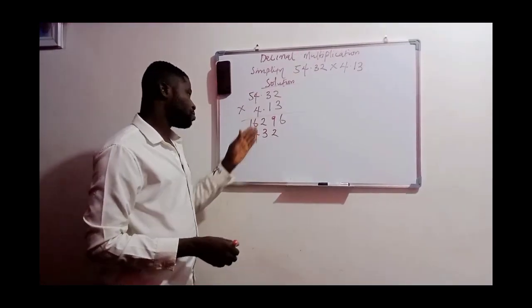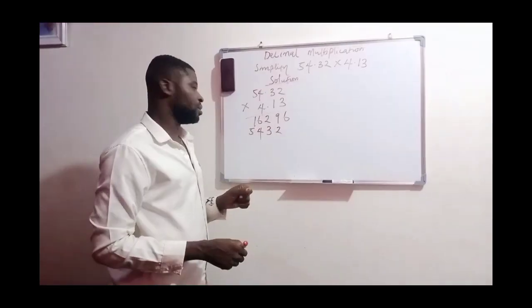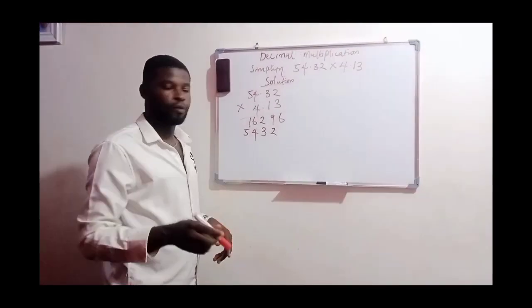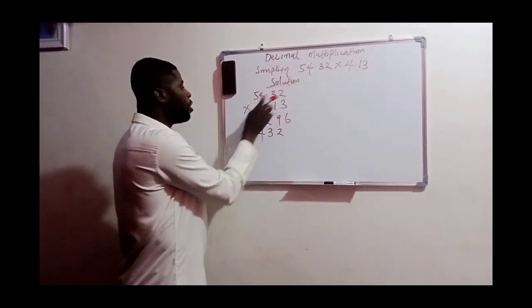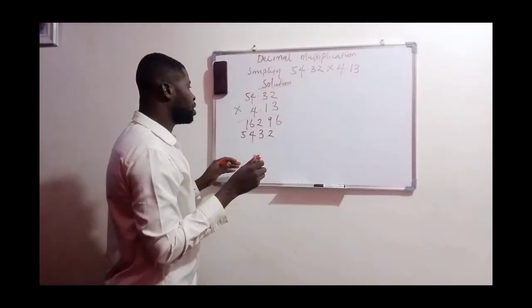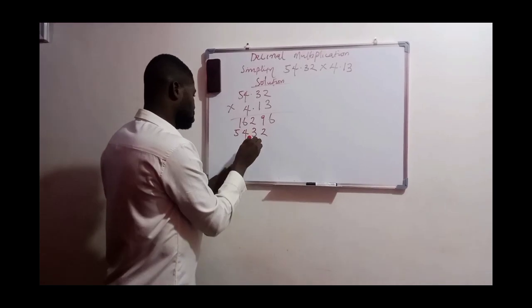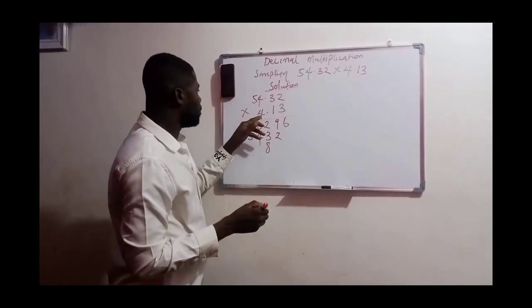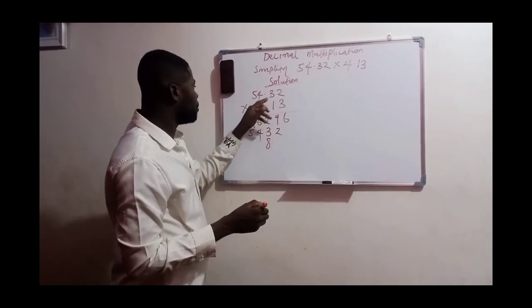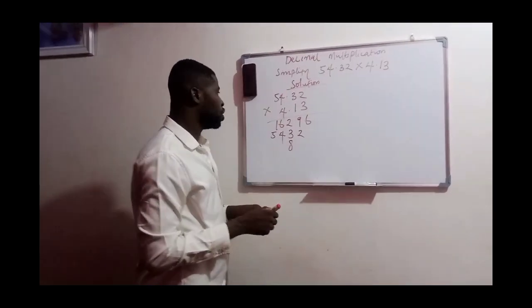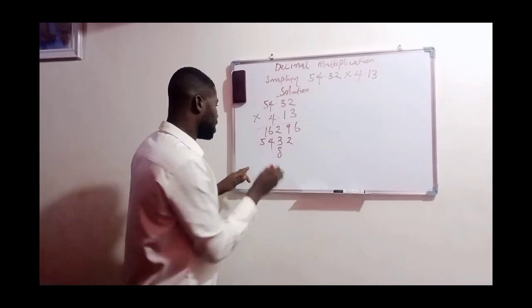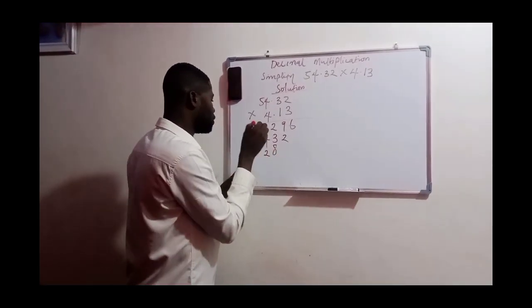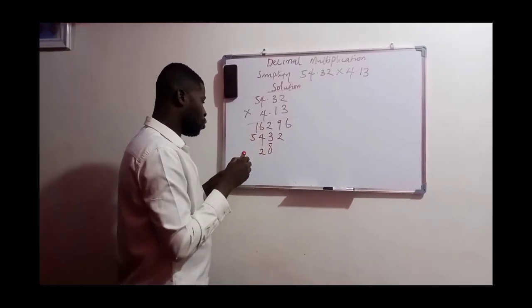Now, let's go again by making use of 4. Say 4 multiplied by 2 will give us 8. Now, 4 multiplied by 3 will be equal to 12. We write 2, remainder 1.